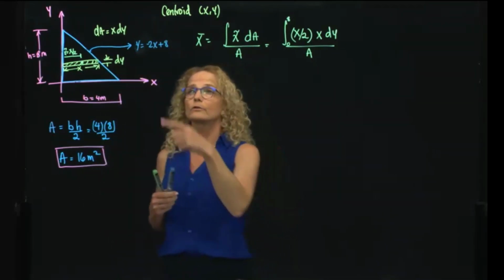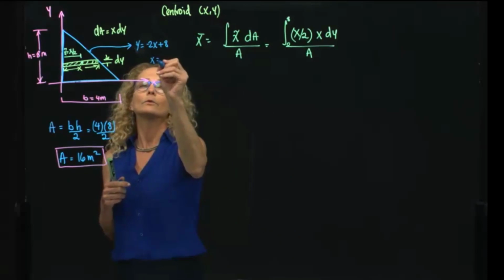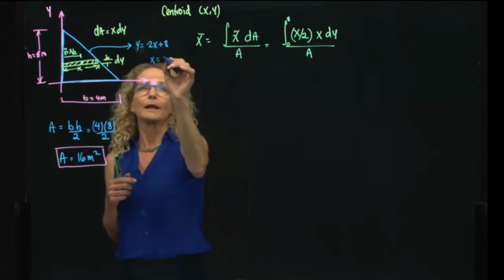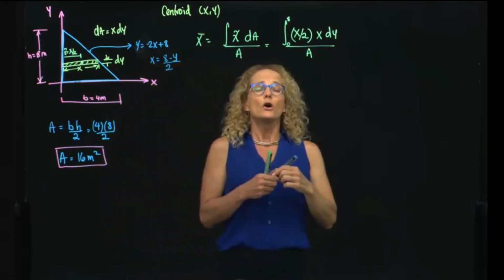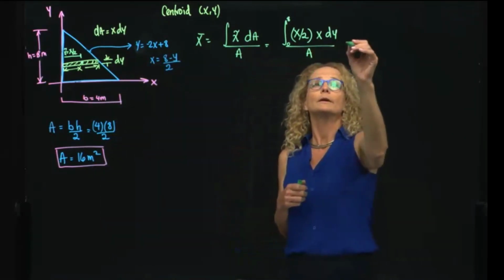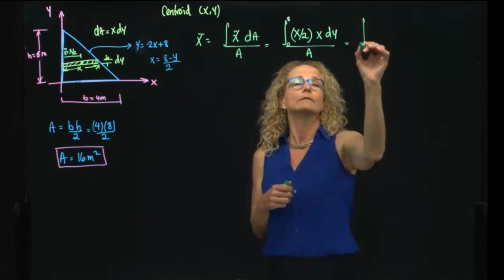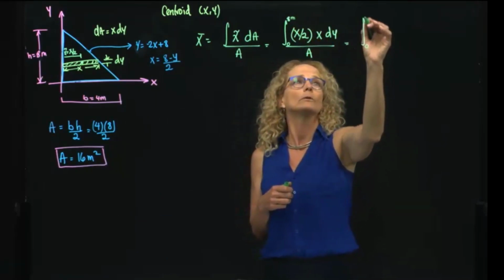Therefore, if I solve for x, x will be equal to (8 minus y) divided by 2. So I can substitute here, and this is from 0 to 8 meters.